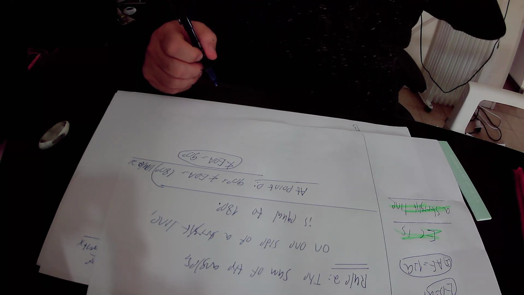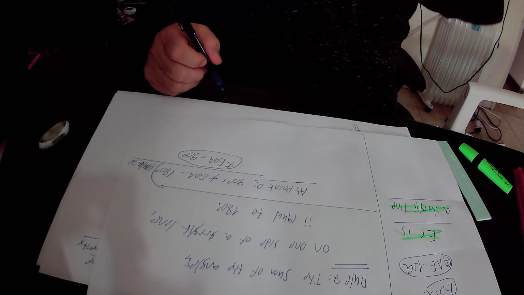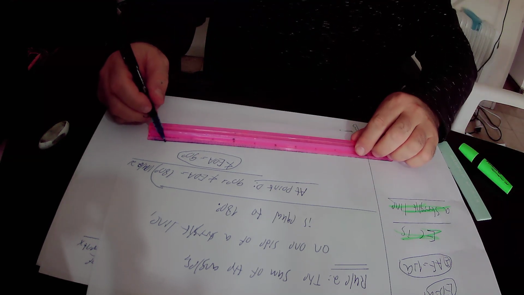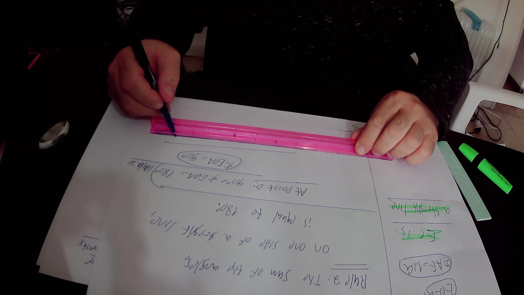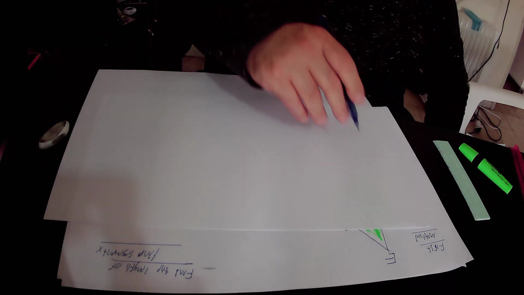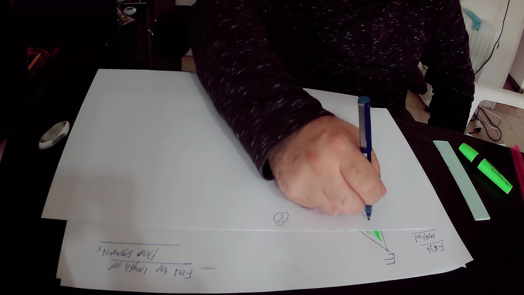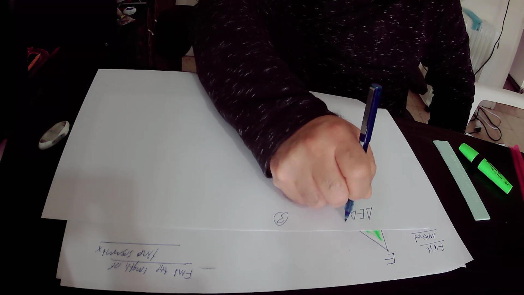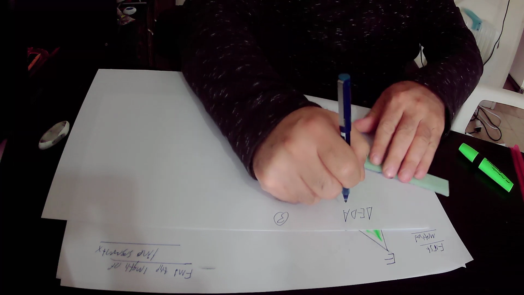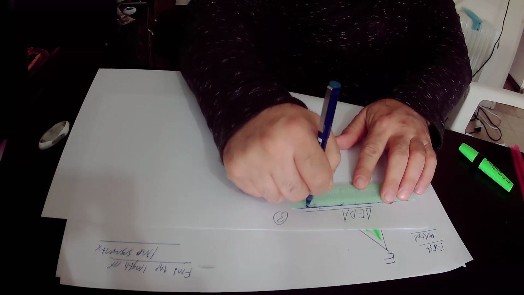According to the Pythagoras theorem, in the right green triangle, triangle EDA, the square of the hypotenuse equals the sum of the squares of the perpendiculars.